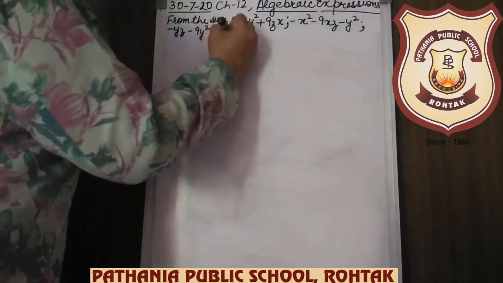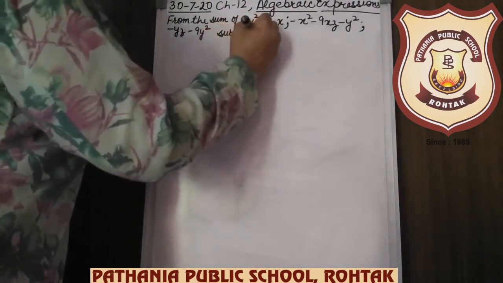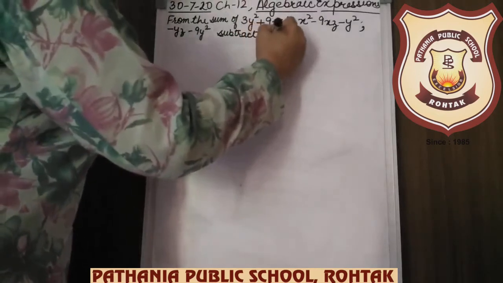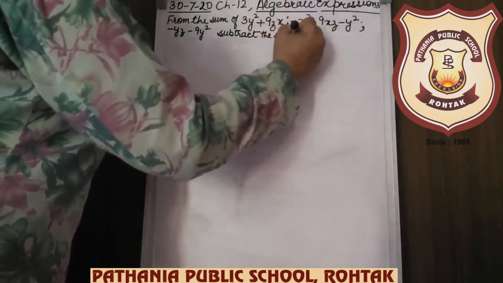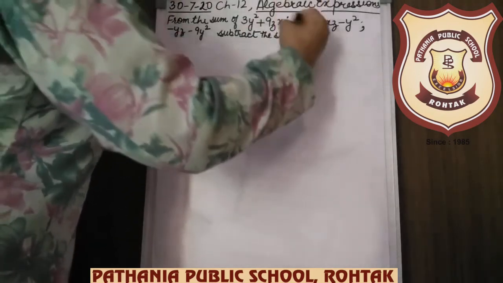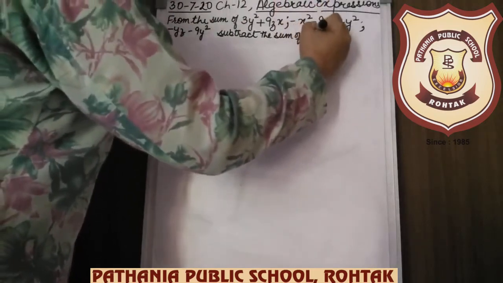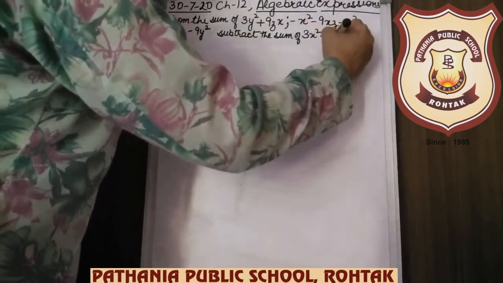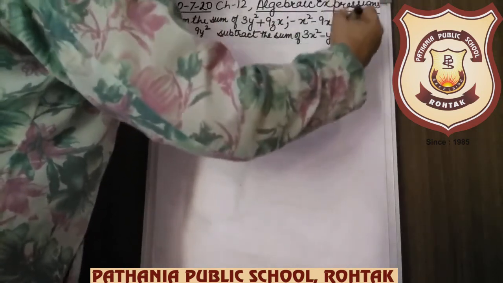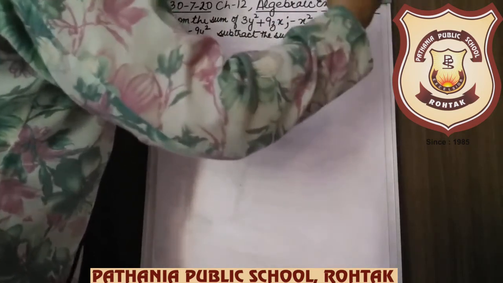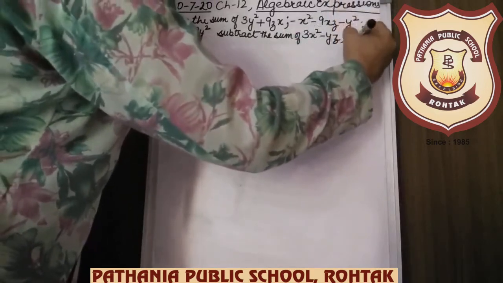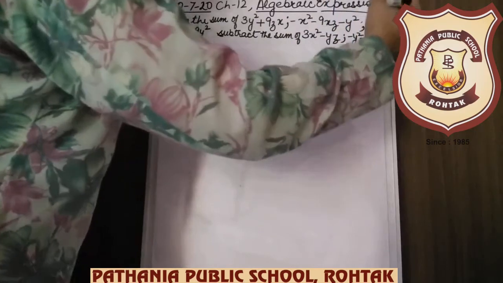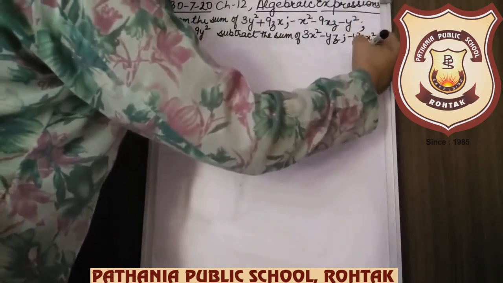subtract the sum of 3x square minus yz and the other expression is minus y square minus x square minus yz.